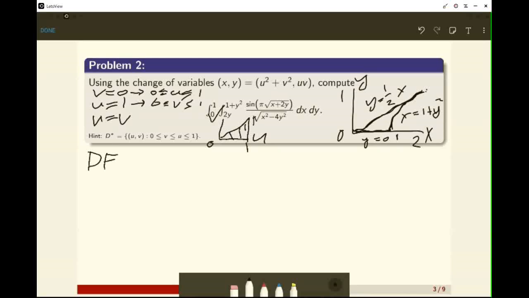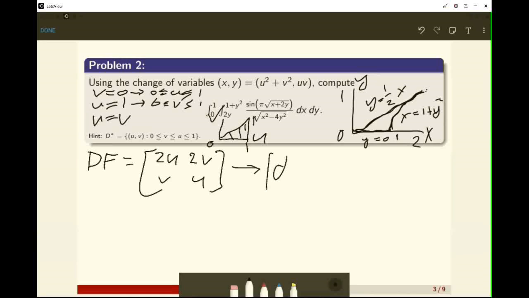But once we've made one of these choices, we can start computing our area element. And so here we want to take this matrix df of x and y in terms of u and v. And so x's derivatives for u is 2u and for v is 2v. V's derivatives, we get a v for the u derivative and a u for the v derivative.